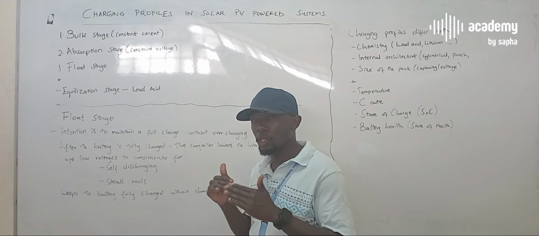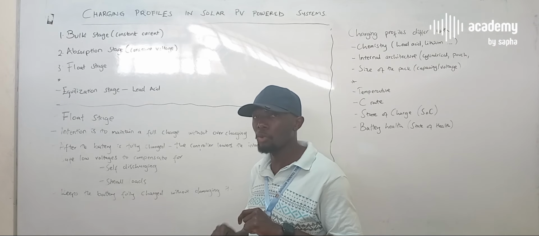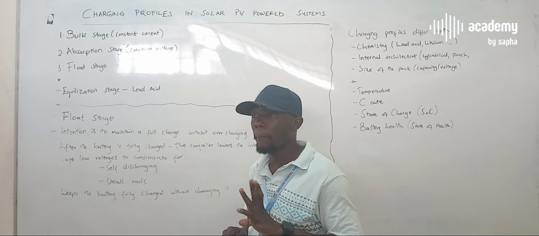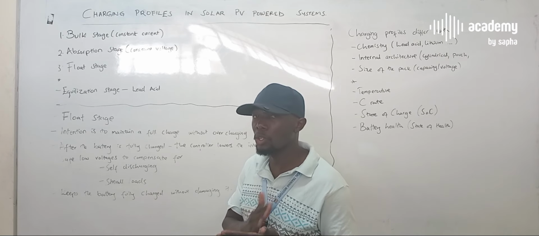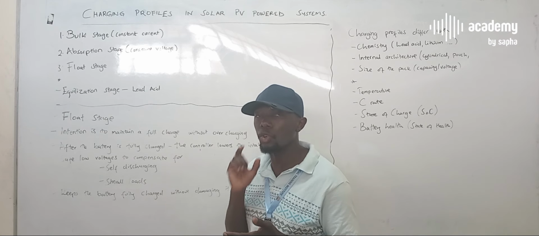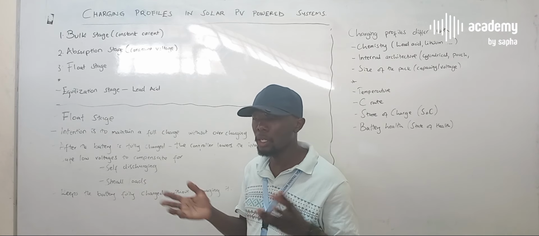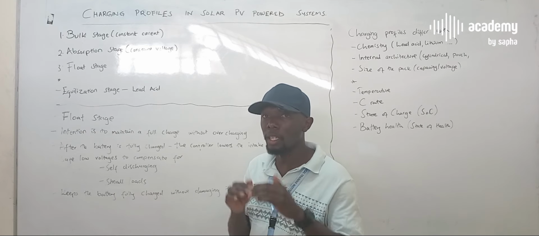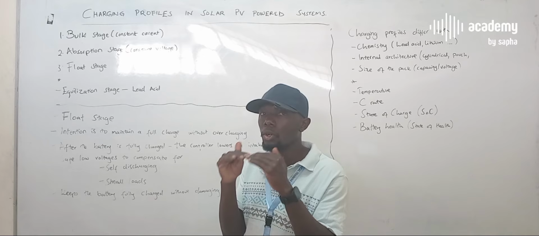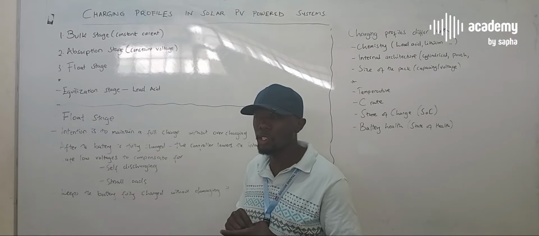It will keep allowing a small amount of voltage to continue trickling into the battery to ensure that between the time when the battery records a full SOC and the time when there's no power source completely delivering charge current, the battery is maintained at that maximum level of SOC. That's the essence of a float stage charging period.